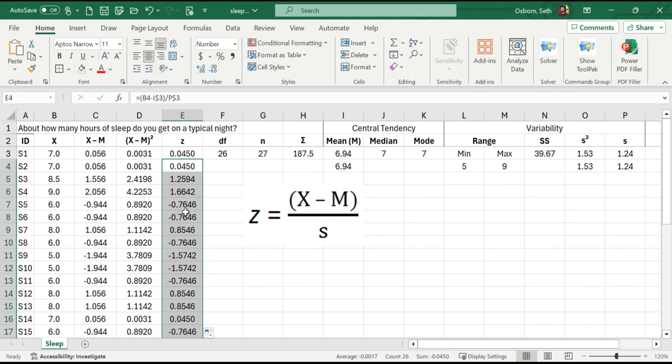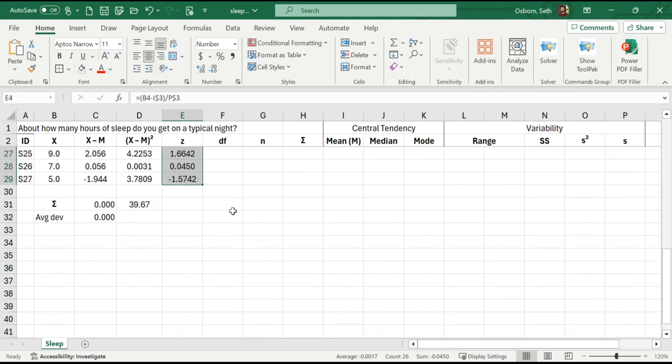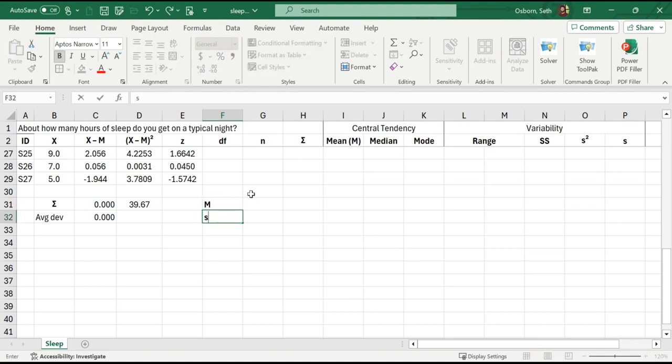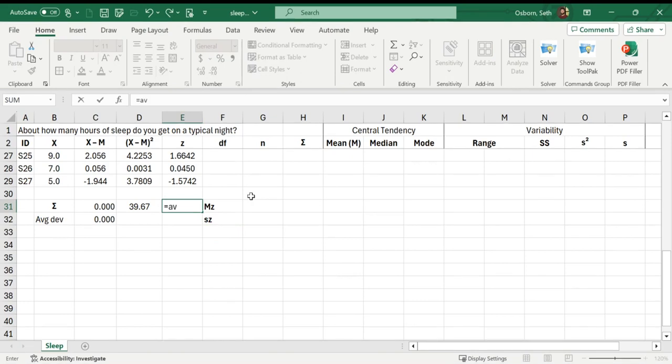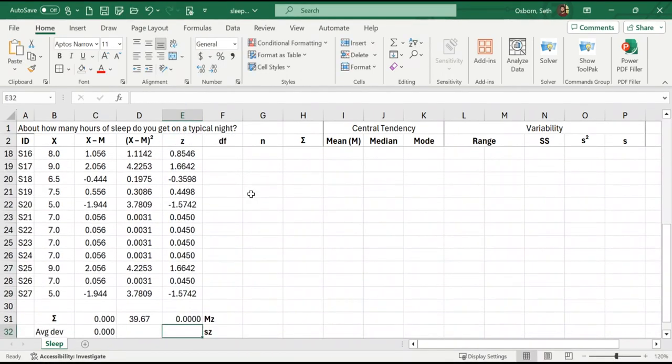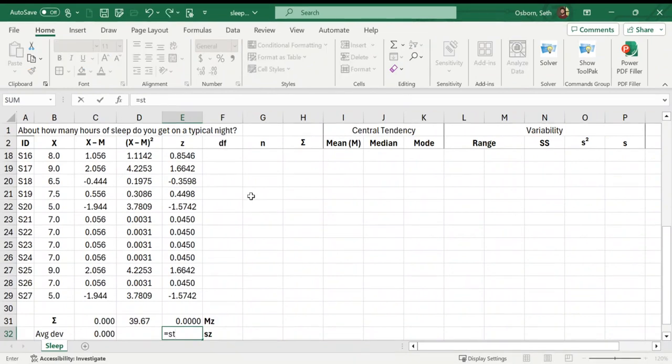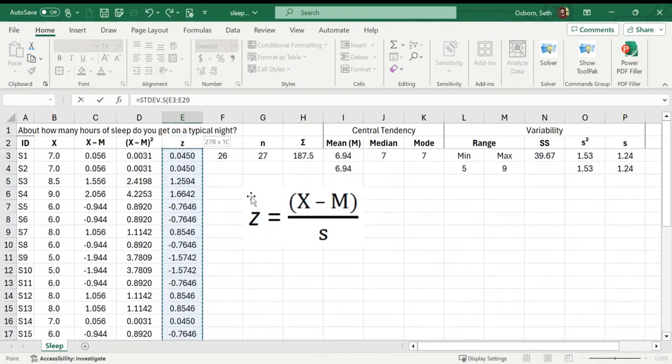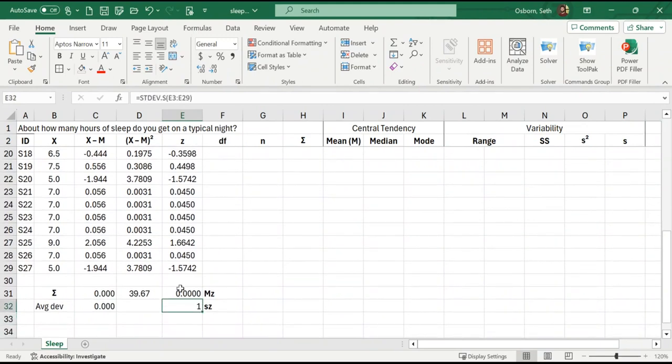If you want to check that you've done this correctly, we could say, well, what are the mean and standard deviation of a z-score? Mean of the z-score, standard deviation of the z-score. Always, the average z-score will be 0, and the standard deviation will be 1. So if you get 0 and 1, that means we calculated it correctly.